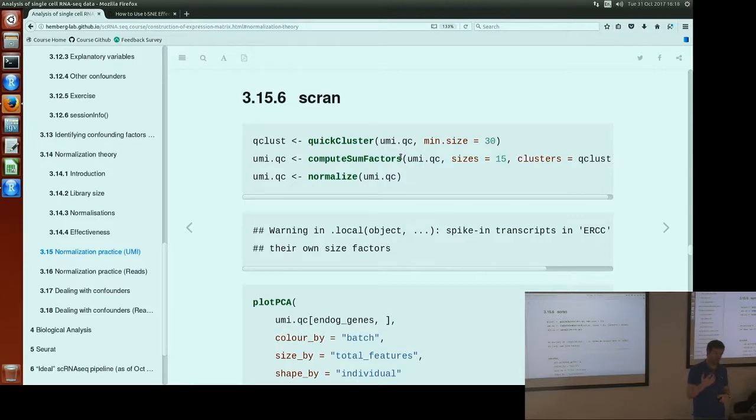So if you care about the spike-in genes and normalizing them appropriately, then you would also run computeSpikeFactors. If you do both of those steps, then the normalize function will, in that one step, apply the appropriate size factor normalizations to the appropriate genes and cells. That's the way to tackle that problem if it's a concern.